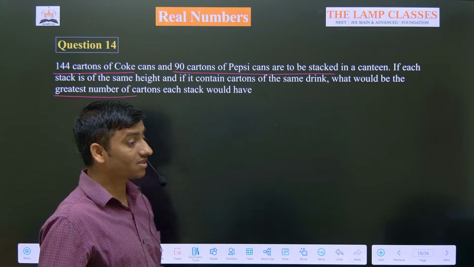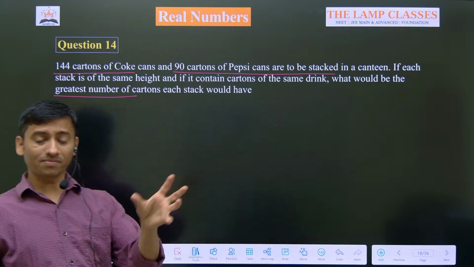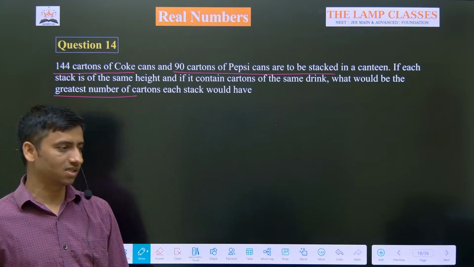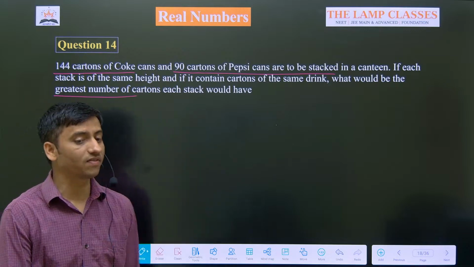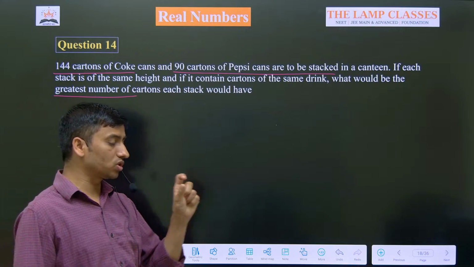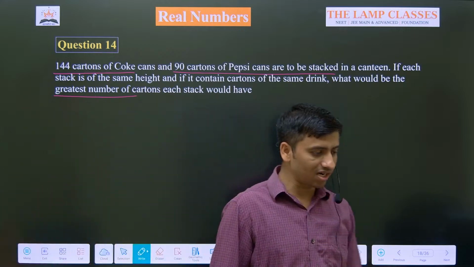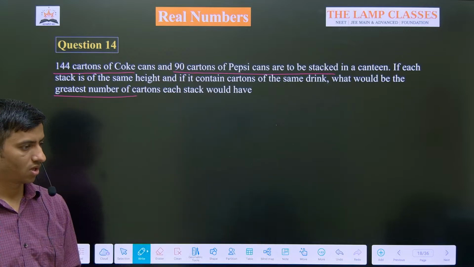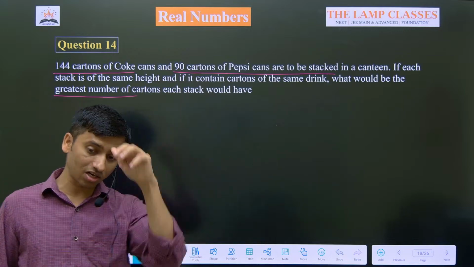Greatest number is actually involved in the highest common factor. That is GCD basically. The other name for HCF is GCD, which is greatest common divisor. So whenever they use the word greatest, most likely it has to be related to HCF, and whenever they use the word least or smallest, that has to be related to LCM.